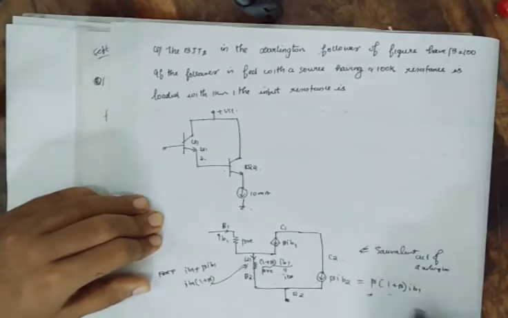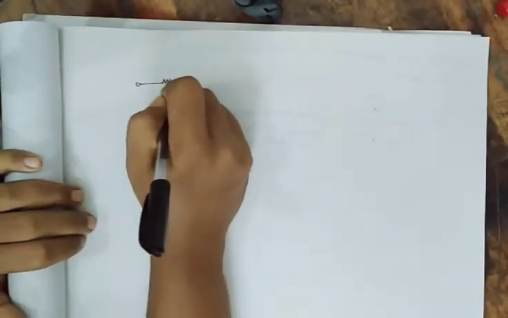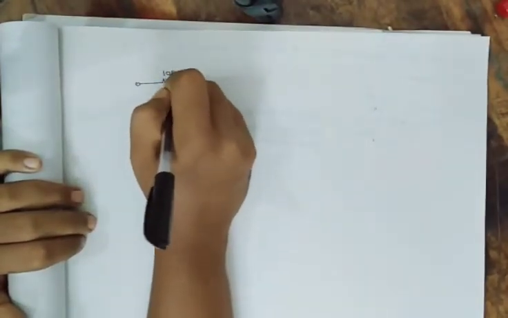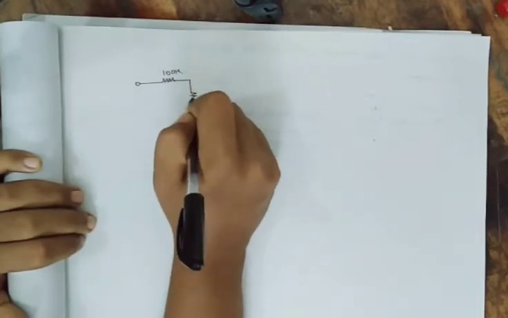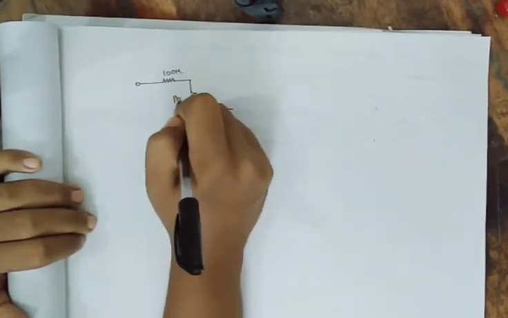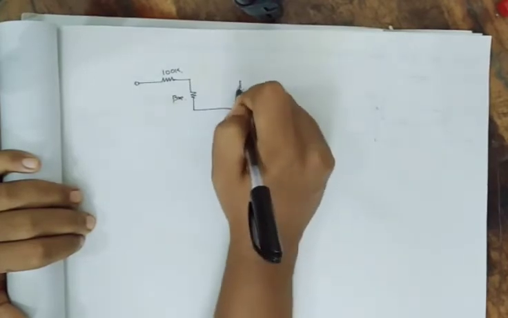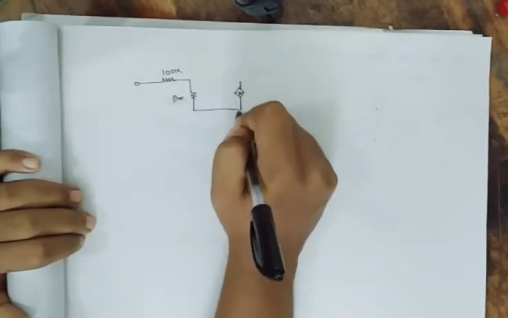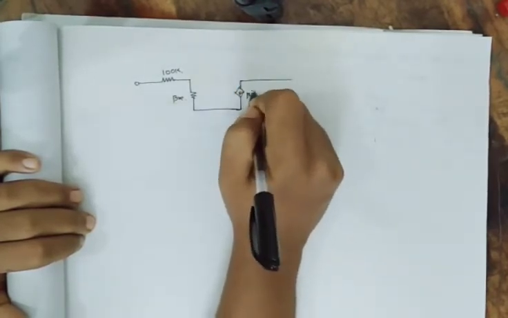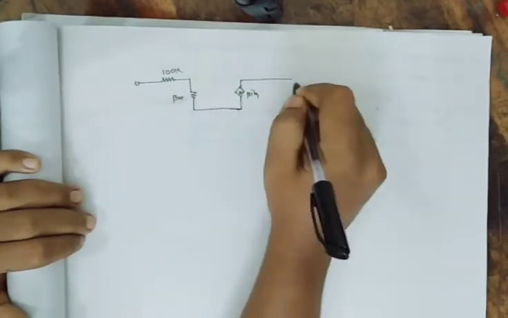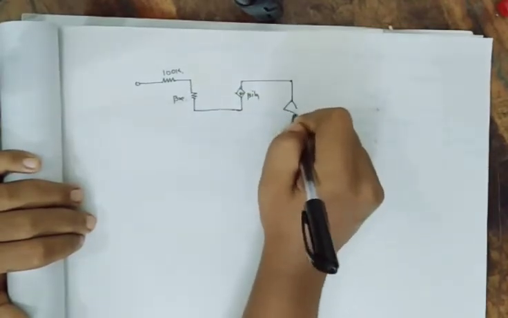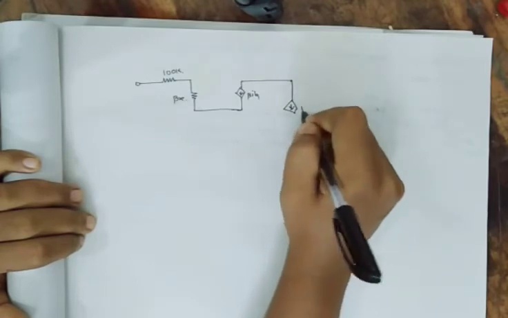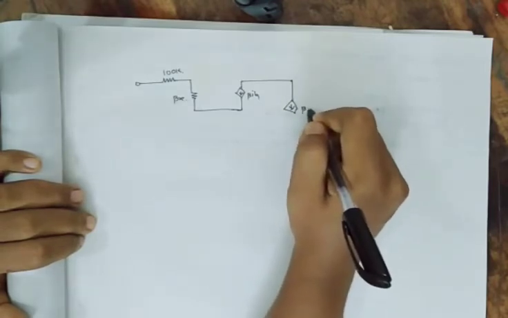Okay, so that is it. And now I will redraw the circuit once more with the source resistance, that is 100K. Now that is going to beta Re. Again the collector of the first transistor having beta IB1, and that transistor's collector is connected to the other transistor's collector.